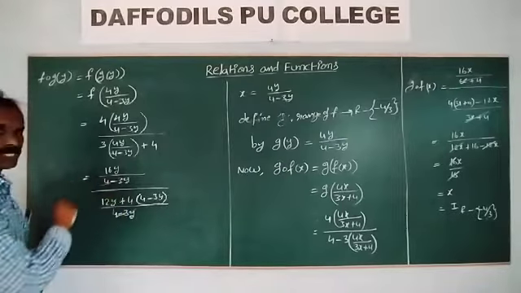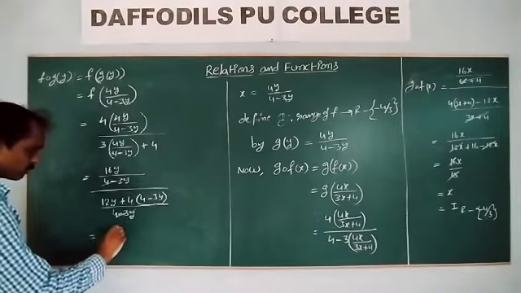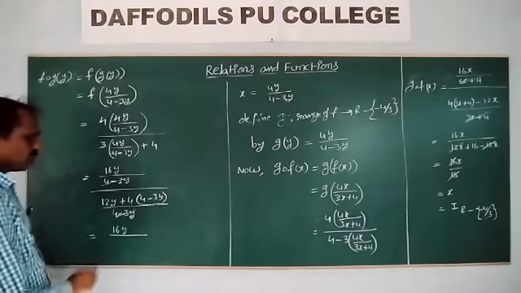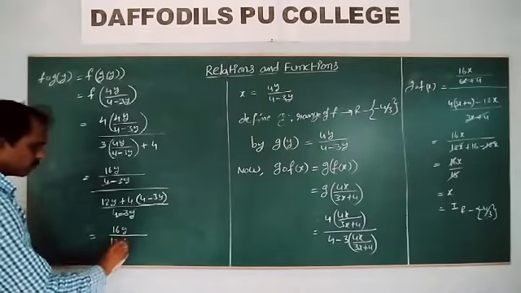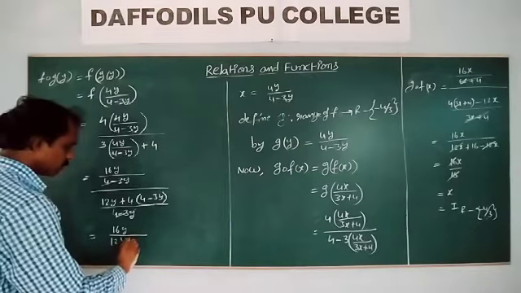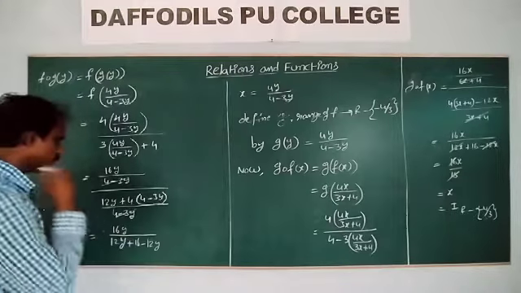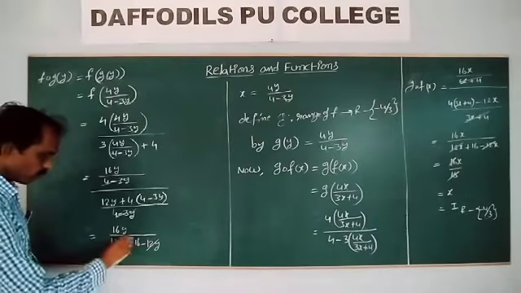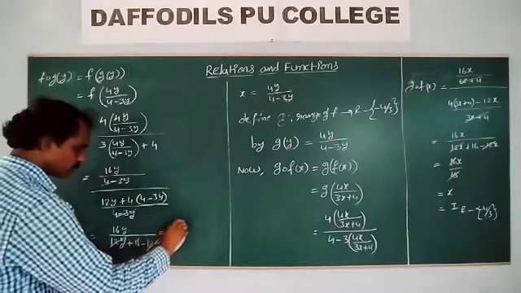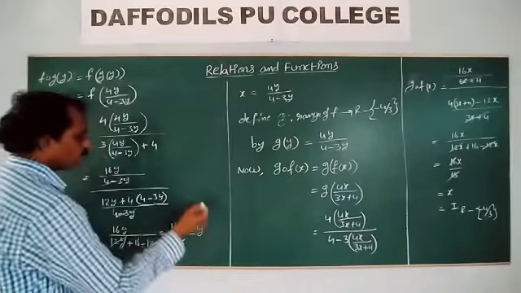The 4 minus 3y cancels. The denominator is 16 minus 12y plus 12y, so 12y cancels, and 16y by 16 cancels to y.